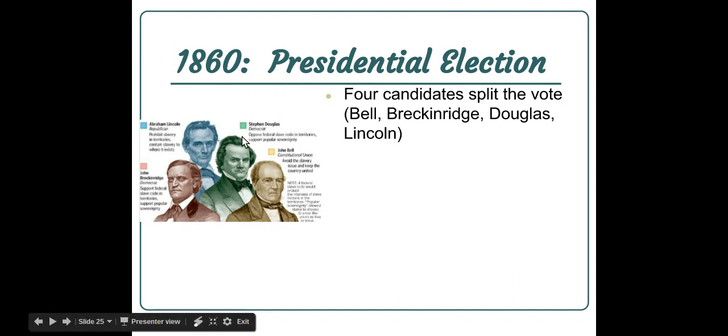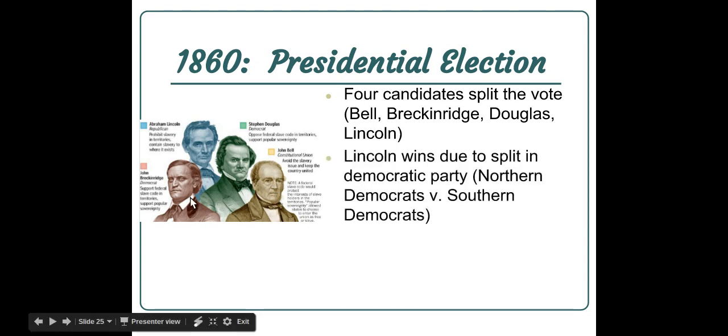You are going to have Stephen Douglas, who's going to have the Democratic nomination and believes in popular sovereignty. You're going to have John Bell, who is going to be running under the Constitutional Union Party, and he actually wants to preserve the Union. He wants to avoid the whole slavery issue. And then you're going to have John Breckinridge, who's going to be a Southern Democrat.